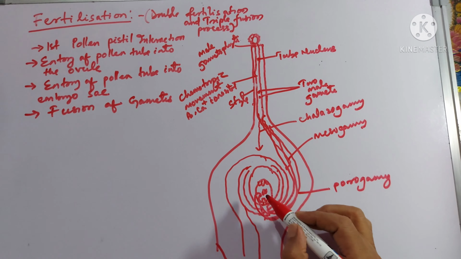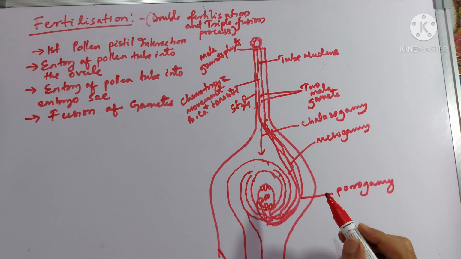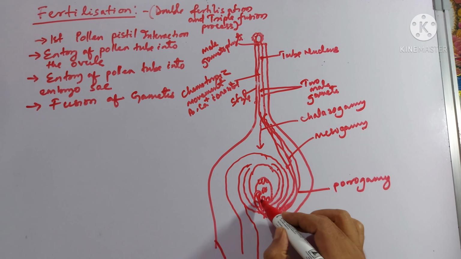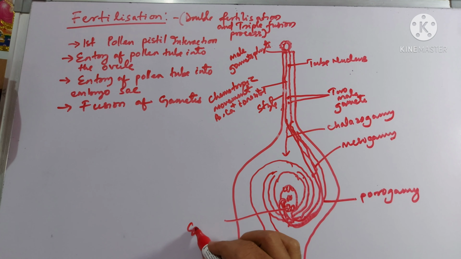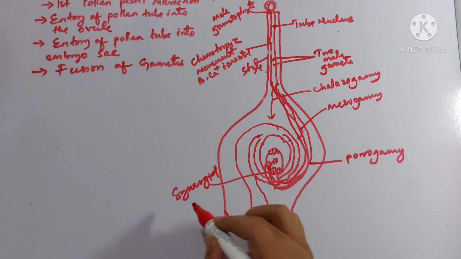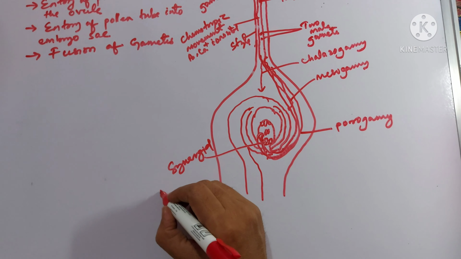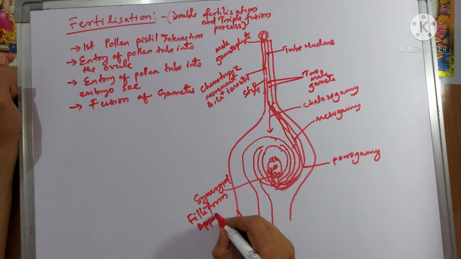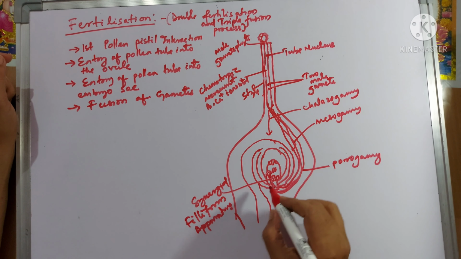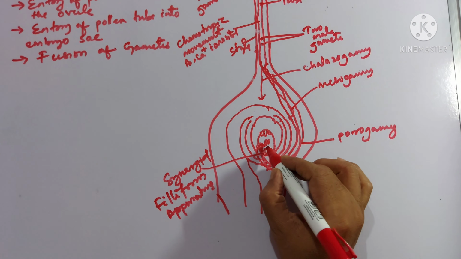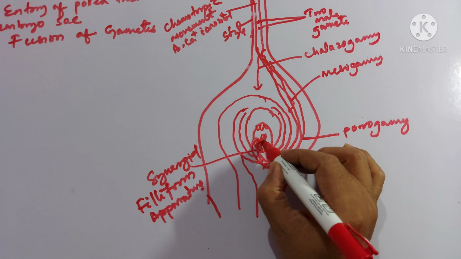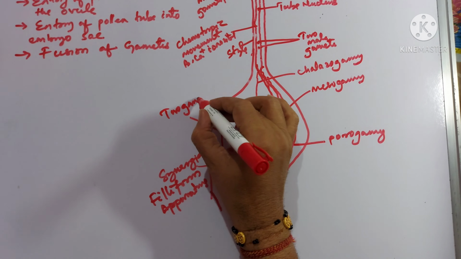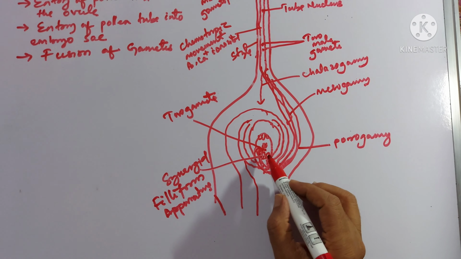Then the pollen tube enters the embryo sac. After entering, the synergid plays a vital role, having the structure filiform apparatus. This filiform apparatus guides the pollen tube, and the pollen tube pours down the two male gametes into the embryo sac.